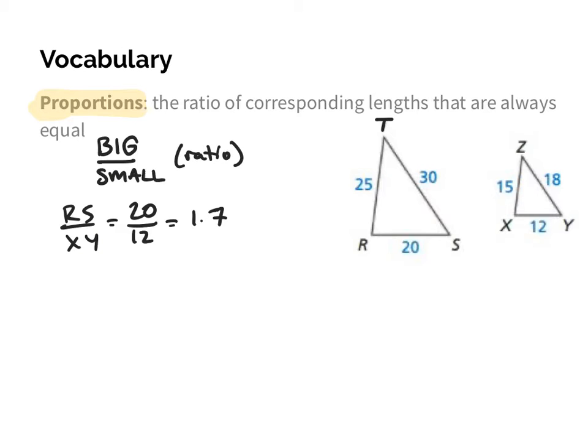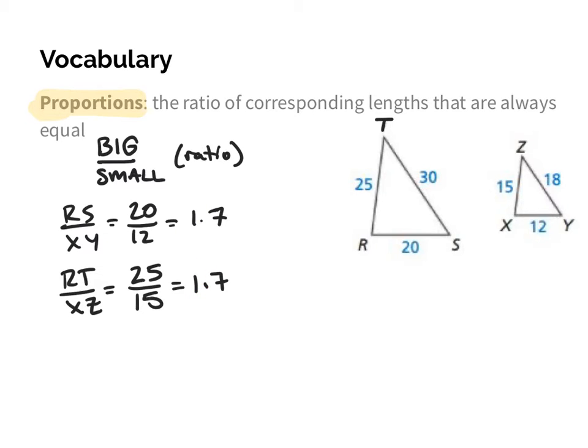Let's say I compared the other corresponding parts, for example, RT. RT corresponds with XZ. If I were to compare those, I would have 25 divided by 15. If I divide those two numbers, I get a scale factor again of about 1.7. Notice that this ratio of 25 to 15 gives the exact same result as the ratio of 20 to 12.